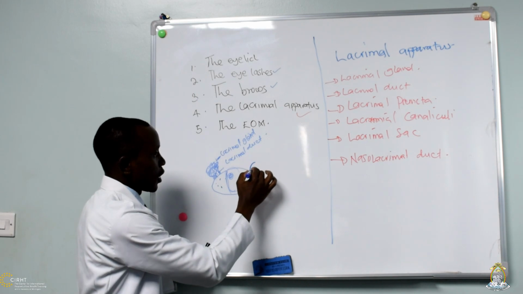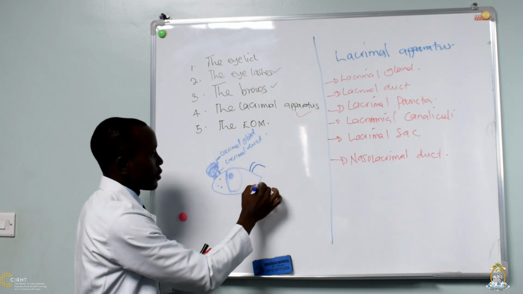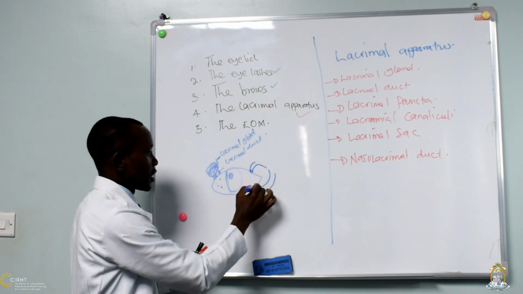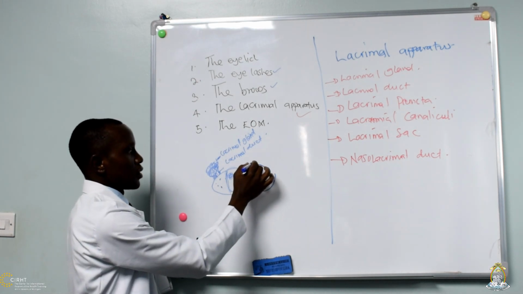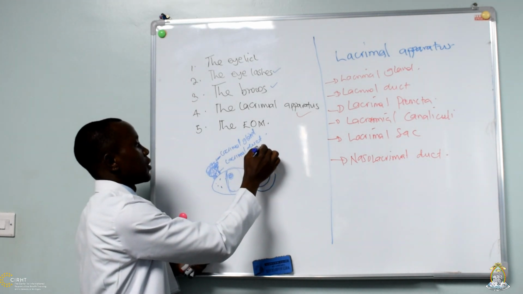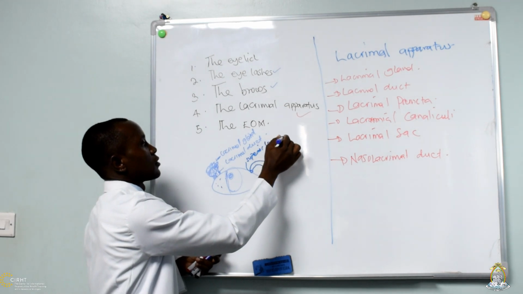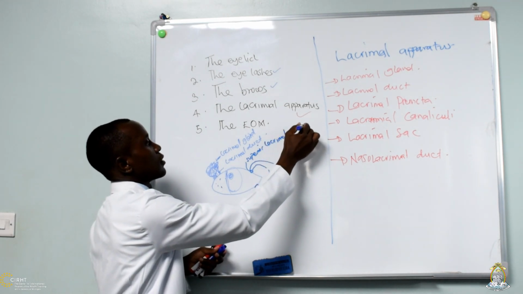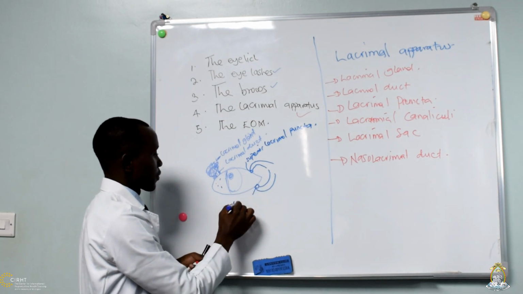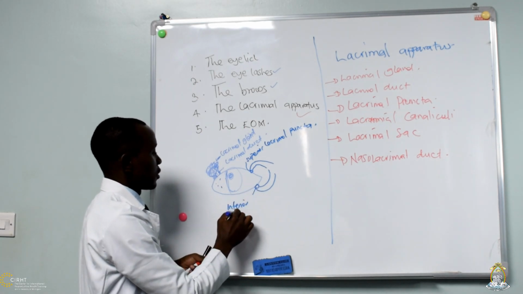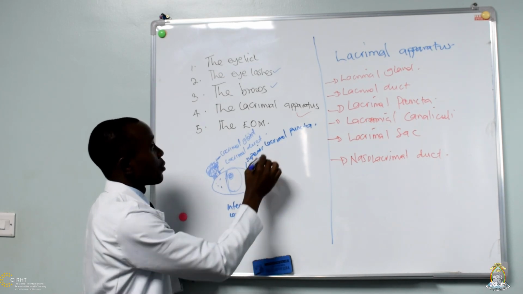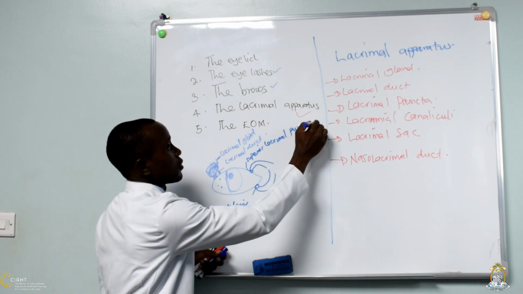At this point, this one here is the lacrimal puncta. This is the superior lacrimal puncta, and this one here is the inferior lacrimal puncta. The singular form is punctum.